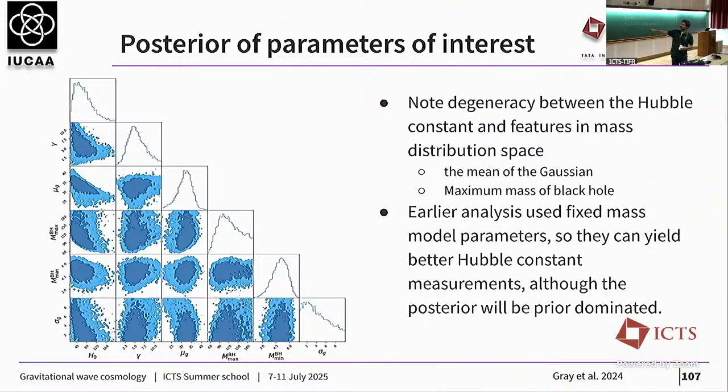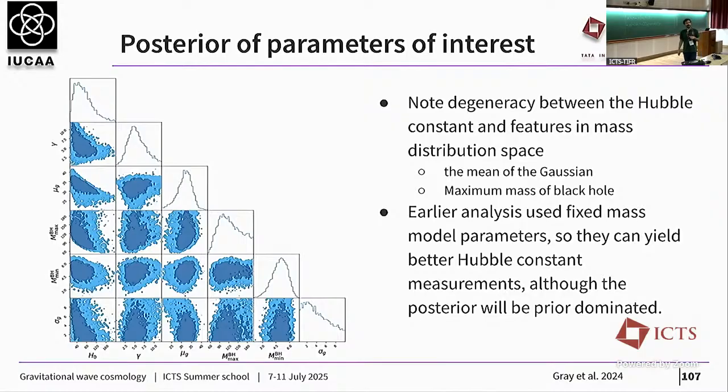And so that's the reason why you get this kind of degeneracy. There's also degeneracy with mu g, right? So where exactly you put in the parameter which tells you where the mean of that Gaussian is in that mass distribution. If you change it a little bit here and there, you can change the H0 values. So there is a degeneracy between these population parameters and the value of the Hubble constant.